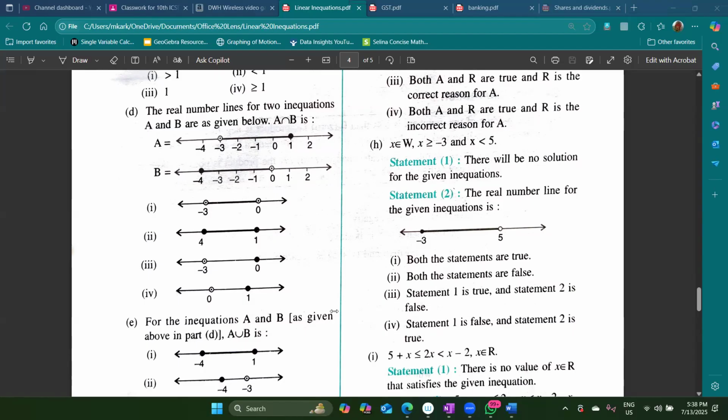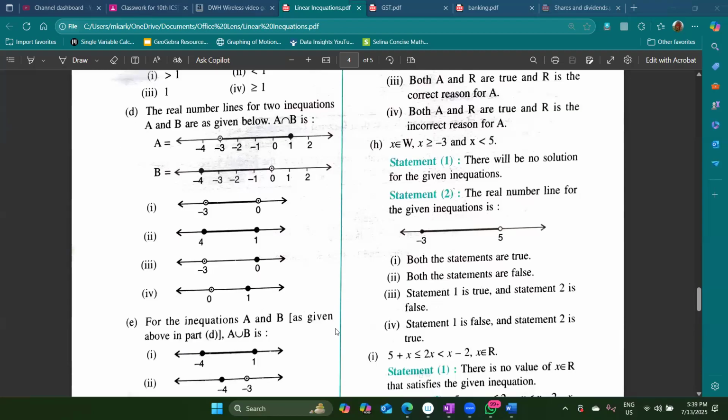Statement 2 is also not true. Remember, it is not a continuous set. It is belonging to W, which is a discrete set. And -3 is not part of W. It's wrong on 2 counts. So here both statement 1 and statement 2 are false.